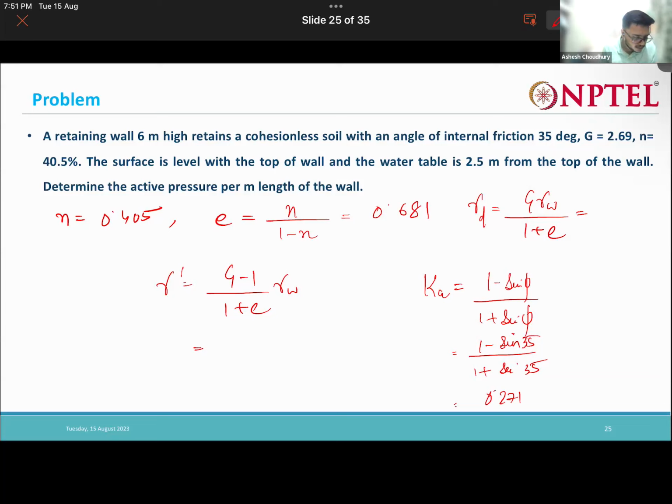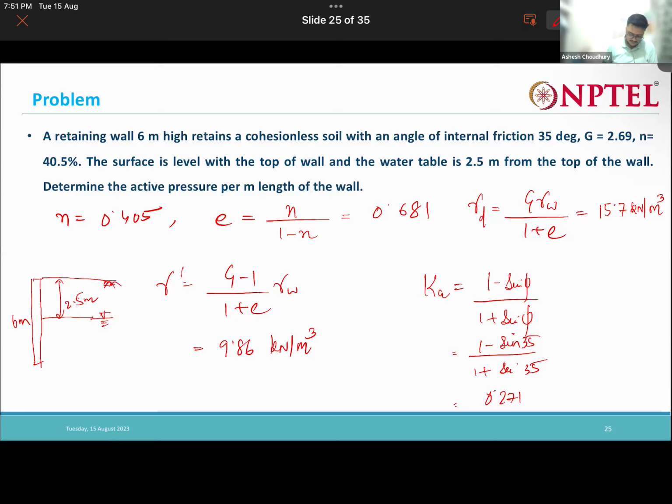Gamma D will be... So you have a 6-meter high retaining wall. Up to 2.5 meters it's dry, and below that you have water. We need to determine the active earth pressure per meter.